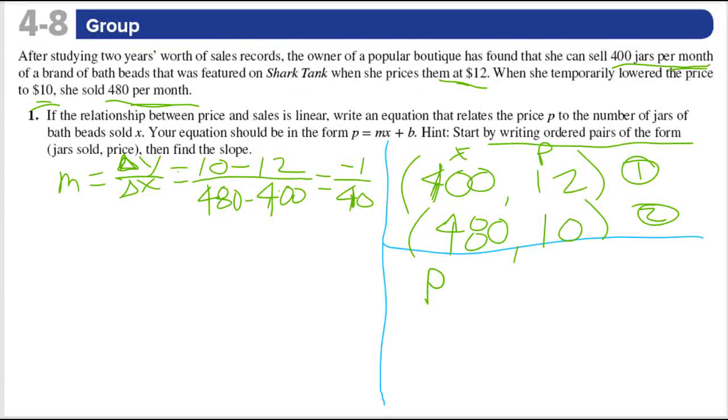So p minus p0 equals m times x minus x0.